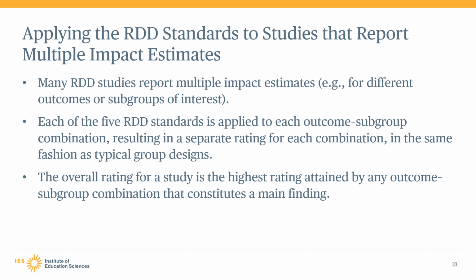Usually only the full sample will be a main finding, but sometimes reviews will focus on a subgroup of interest, such as students with autism or students with disabilities. Throughout the remaining modules in this training series, we will highlight when any special considerations are needed in the application of the RDD standards to studies that report multiple impact estimates.